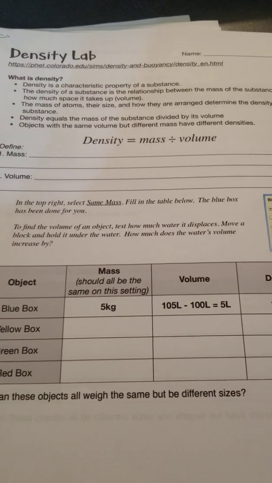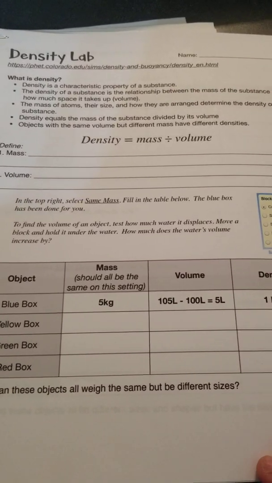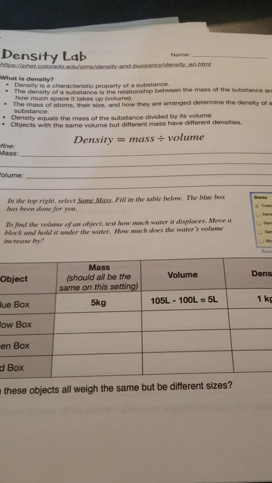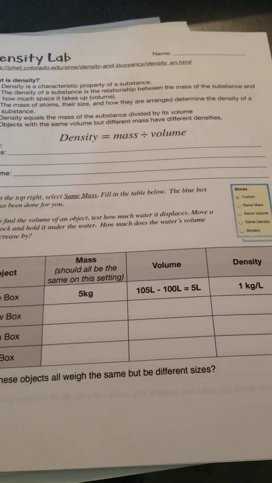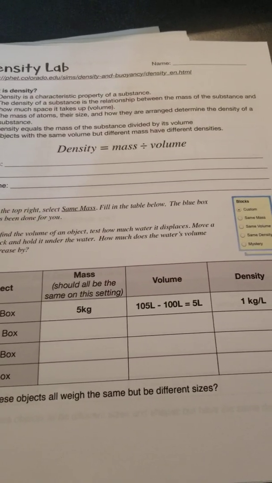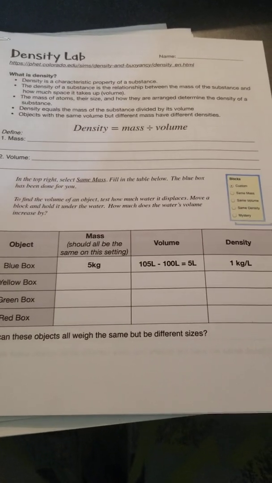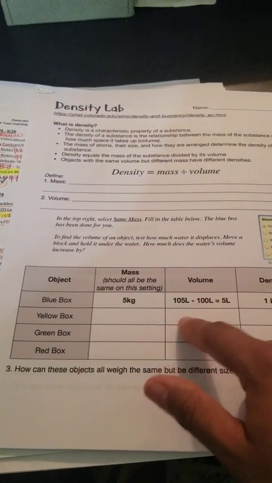Now let's just say you filled up that bathtub halfway. If you were to get into that bathtub, the water level will still go up. The amount the water level goes up is what we call water displacement. And water displacement is equivalent to the volume of that object. And normally we do water displacement for irregularly shaped objects.